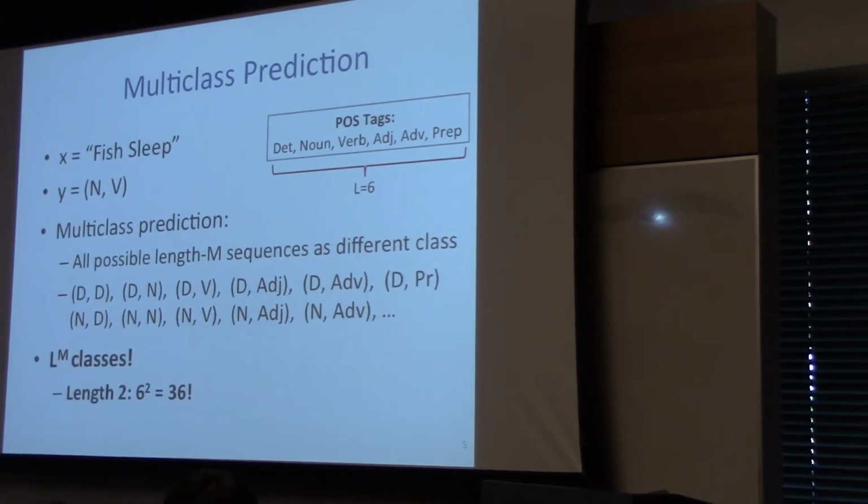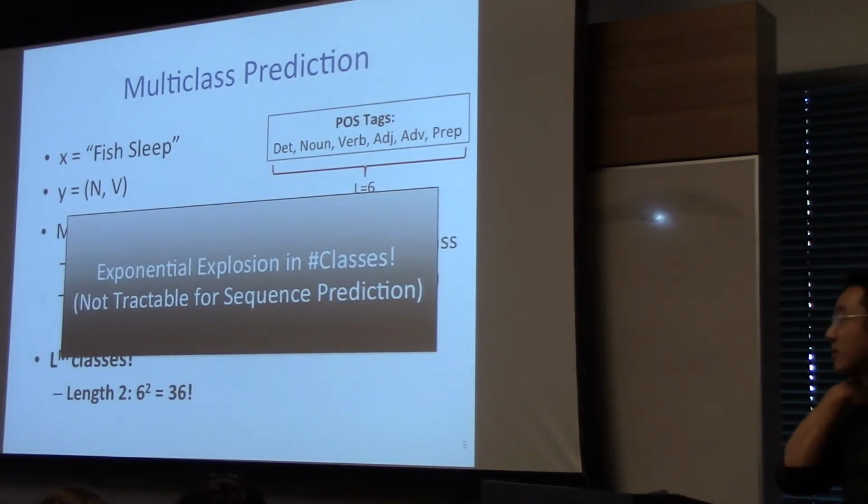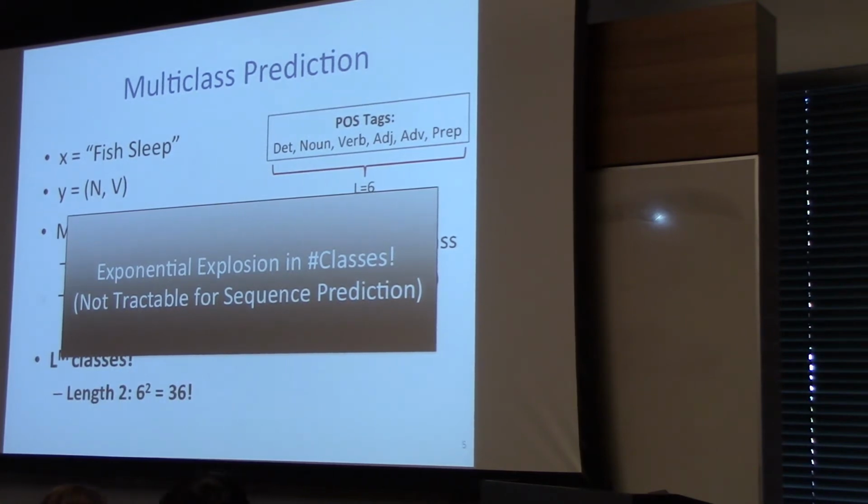You need to score L to the M different possible predictions for a length M input instance. Just for length 2, that's 36. I just showed you a sample of 36. For length 4, 5, 6, it grows exponentially fast. So the conventional multiclass view, as applied to variable length sequence prediction, does not scale. There's an exponential explosion in the number of classes, so this is not a tractable approach to sequence prediction.